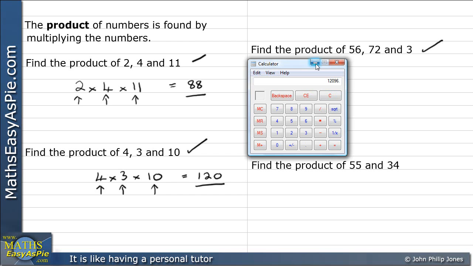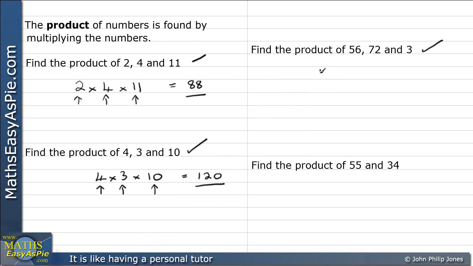So if I remove the calculator for a moment, we can write here 12,096. So the product of 56, 72 and 3 is 12,096.